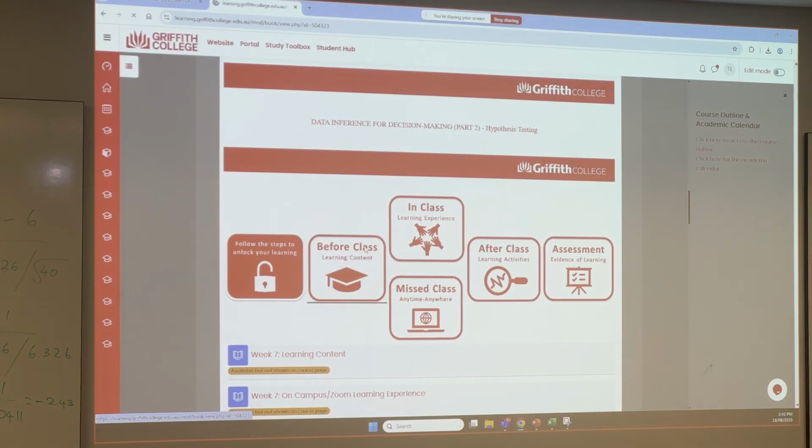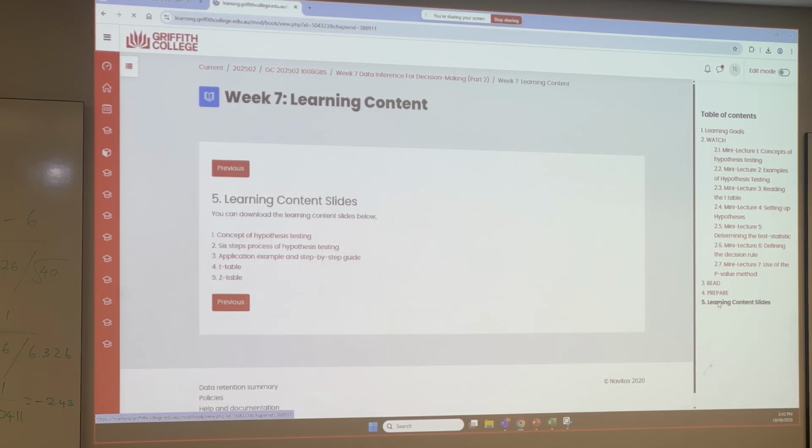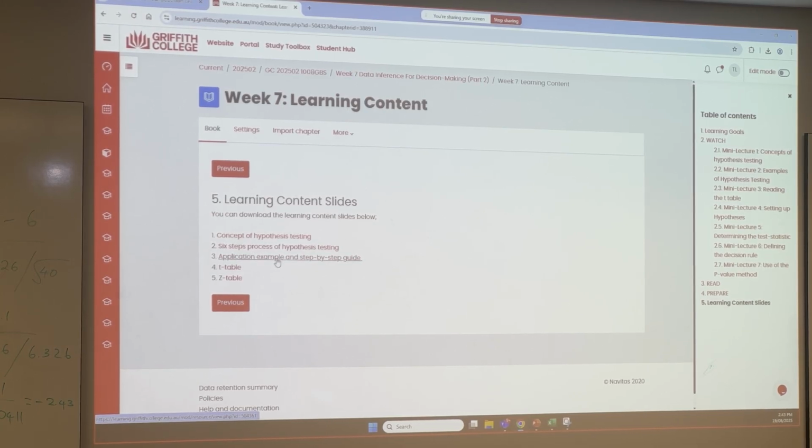Look at this one and download the slides here. We do this before class. There is a learning content slide, and then look at the last PowerPoint slide, application example step by step. Open that, it has questions.